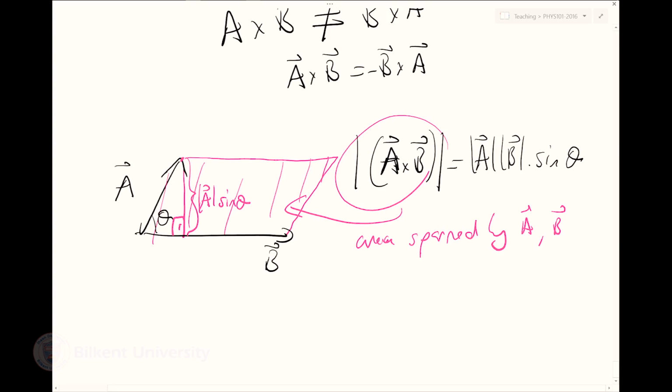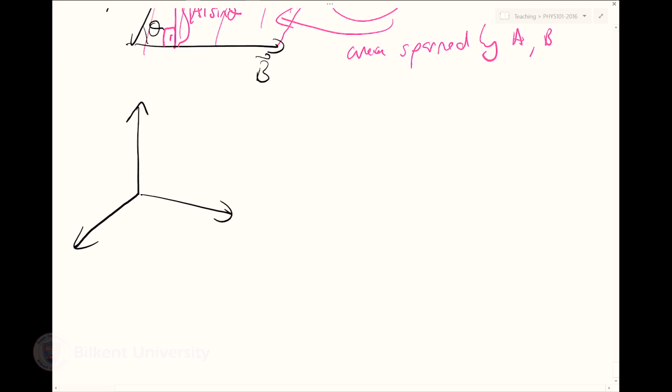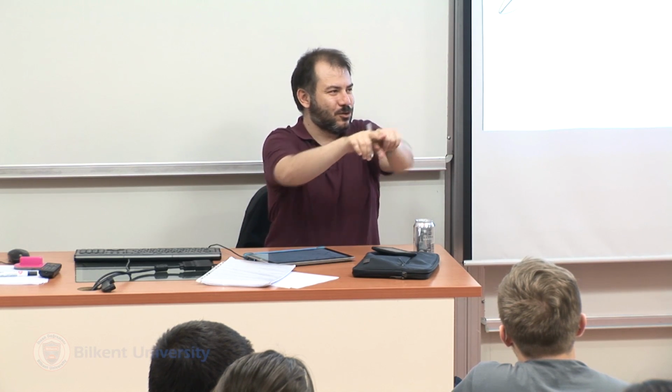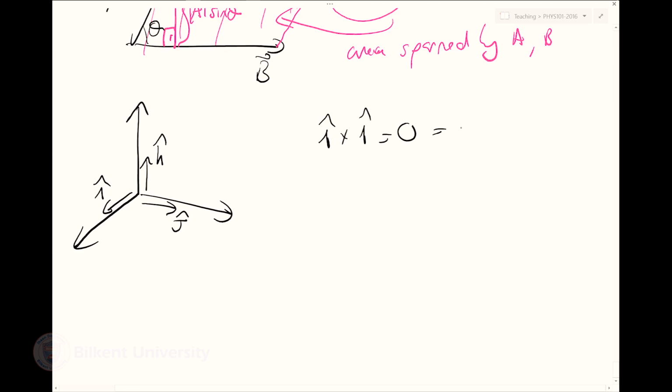I'm running out of time, and I'll not really prove this, but how about for unit vectors I, j, and k? What is the cross product of any vector with itself? 0. The cross product tells me the area, right? So when I close the vectors, there is no area left. This is 0. Same thing for j cross j and k cross k.